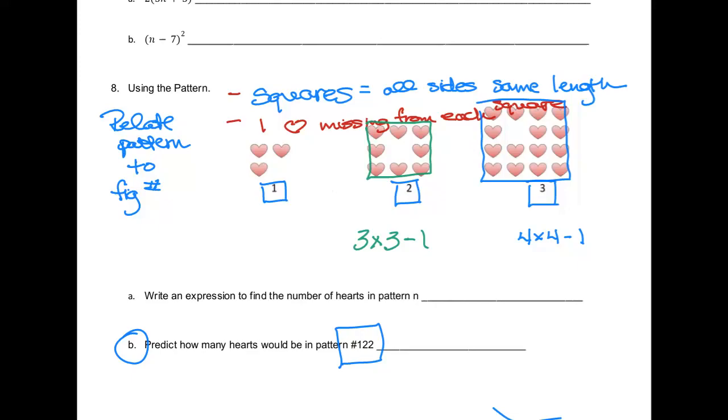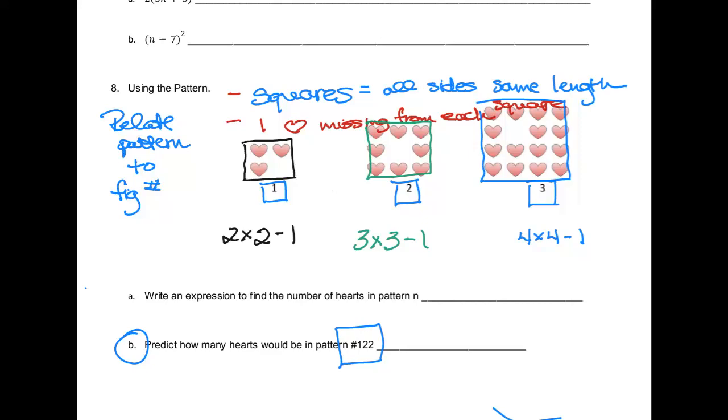If this is our figure 1, what should my dimensions be there? If figure 3 was 4 by 4 minus 1, figure 2 was 3 by 3 minus 1, figure 1 should be, look at it. What are the dimensions of that square? 2 by 2 minus 1.